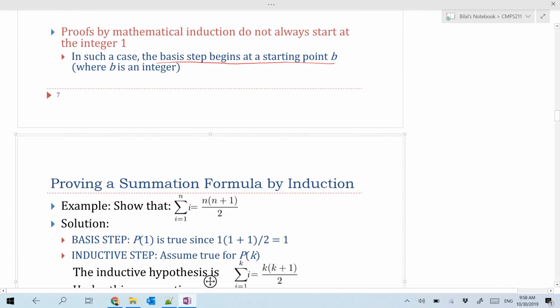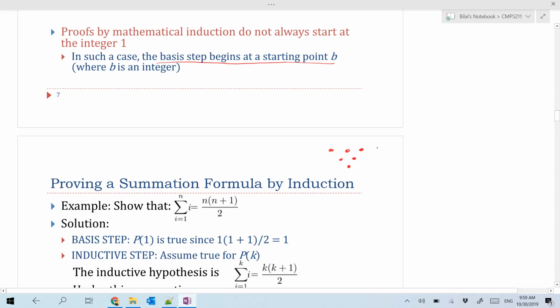So imagine we have this to prove: that the summation of the first n integers is equal to n times n plus 1 over 2. We discussed this example in the introduction session. You remember when we talked about the number of bowling pins that are necessary to fill in n lines.